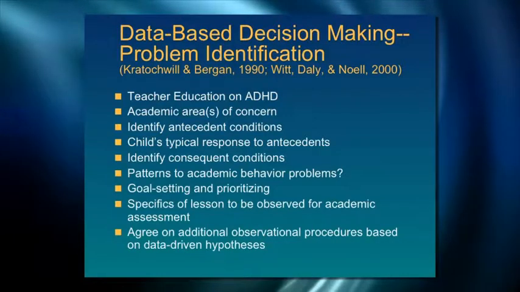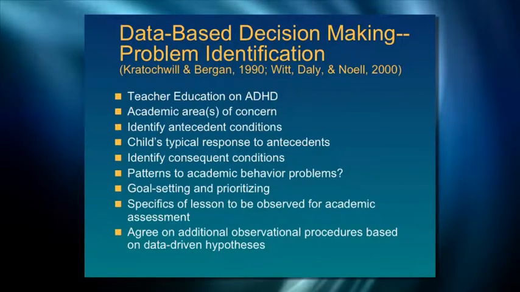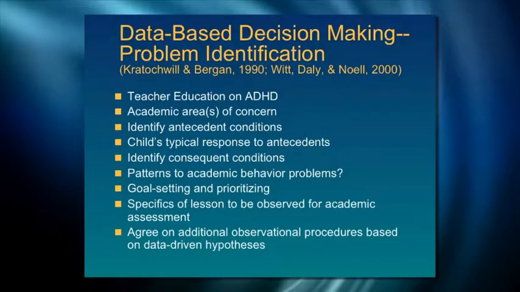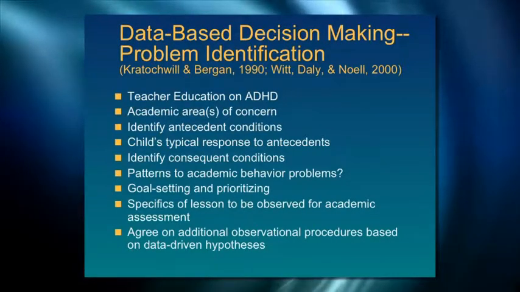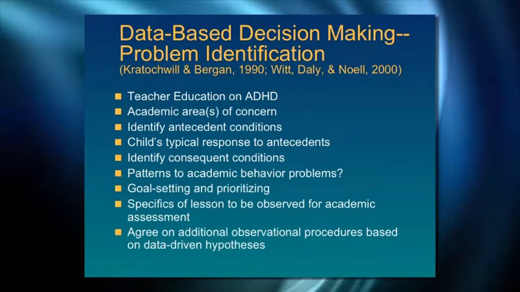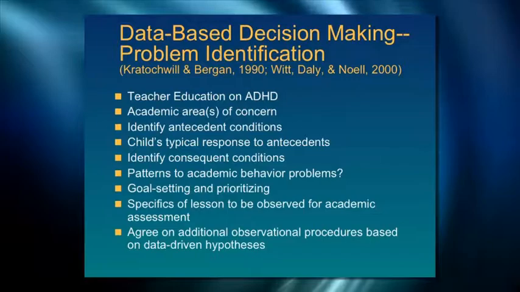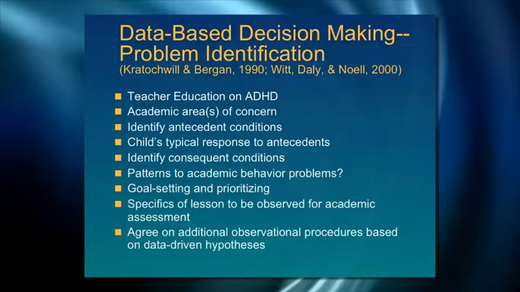There are multiple problems. So we're working with teachers and the school team to go through these steps of identifying, maybe providing some additional information about ADHD, but more importantly, to walk through these steps of looking at what are the triggers and what are the consequences.